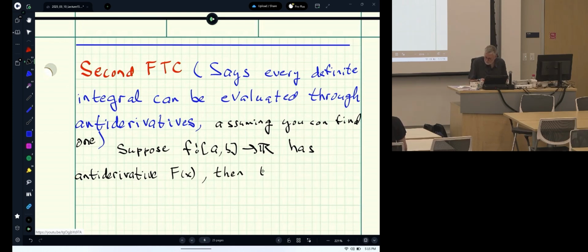Then little f of x is Riemann integrable.